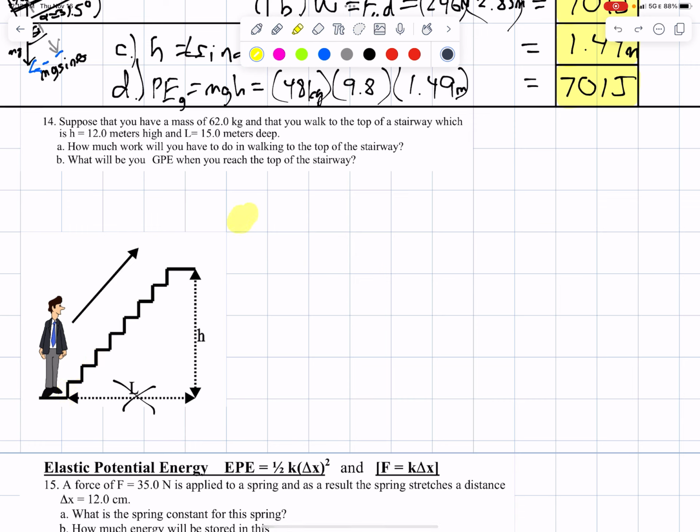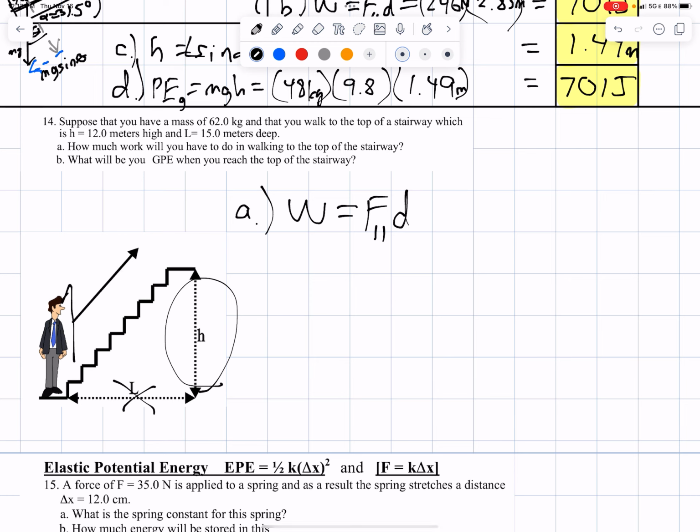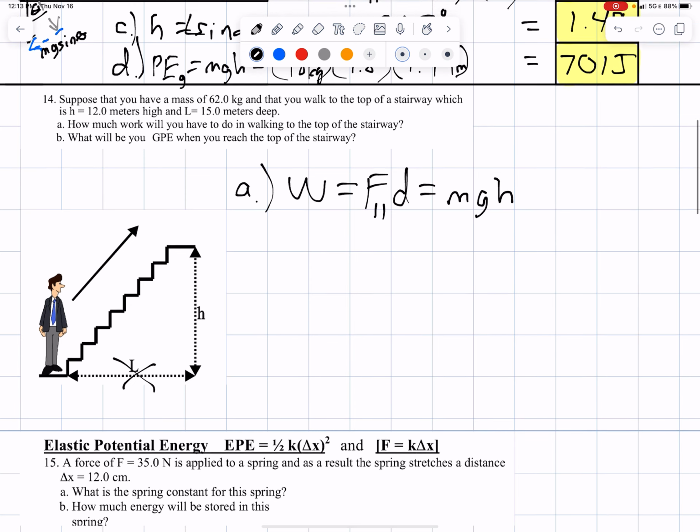So, in other words, part A, right, is a parallel force times distance, but what are you doing? The distance would be the height. The force would be you applying a force against your body weight to bring yourself uphill. In other words, m times g times h.